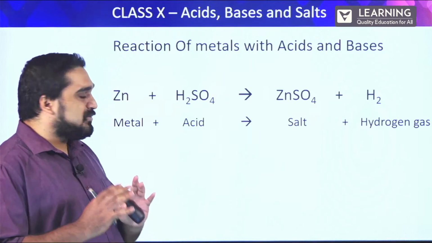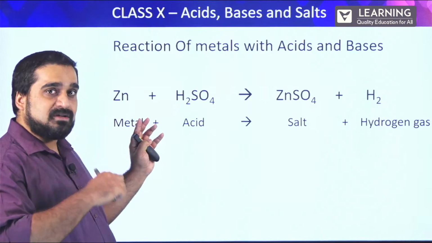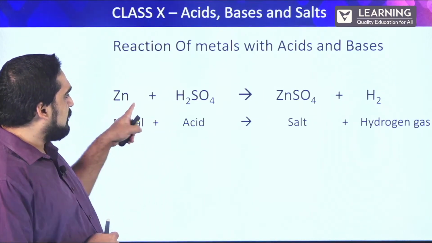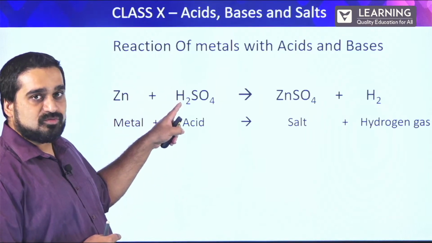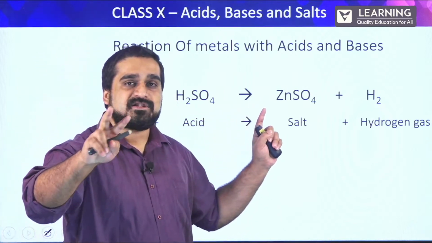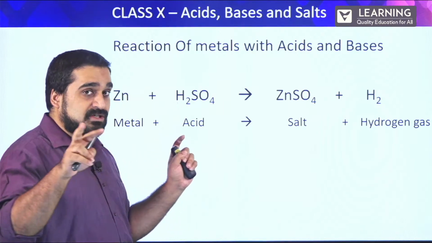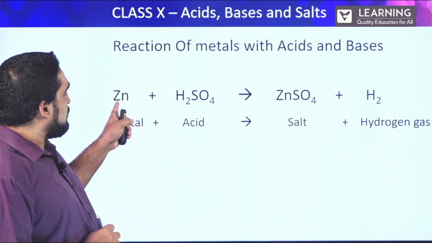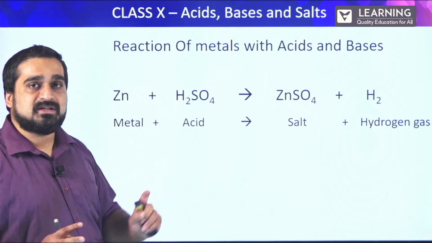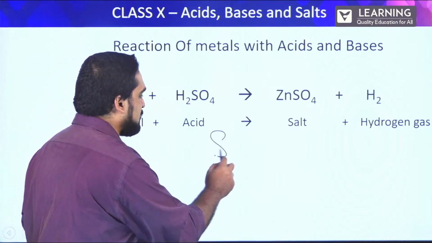So the type of reaction: let me first describe what is happening, then reveal the type. Zinc here is displacing H2, so it is a displacement reaction. But there are two kinds of displacement reaction, single and double displacement. Here we see only one element displacing H2, so this falls under the category of single displacement reaction.